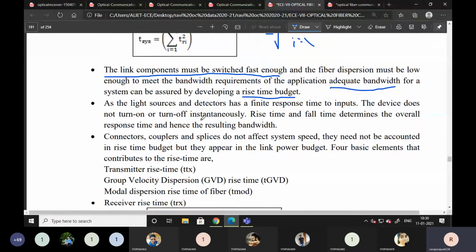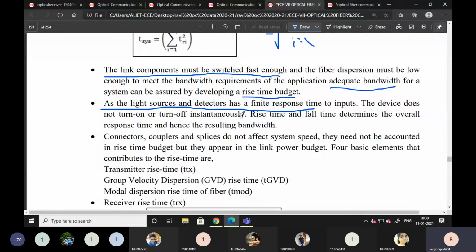The light sources and detectors have a finite response time to inputs. So one important note for this analysis is that the time must be finite. It may be transmitter or receiver, source or detector; those respond in finite time. If they do not respond until more time, it is not a good system.